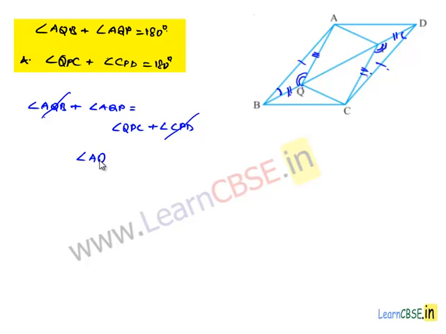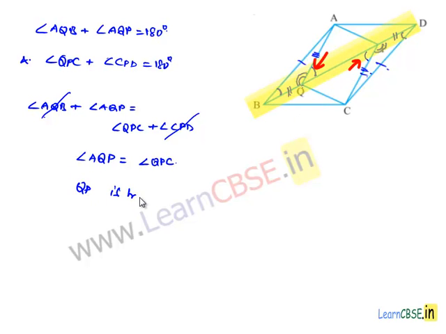Then we get angle AQP is equal to angle QPC. Since angle AQP is equal to angle QPC, the two angles on either side of transversal QP are equal. That means here the alternate interior angles are equal, so AQ is parallel to PC, and also we know that AQ is equal to PC.